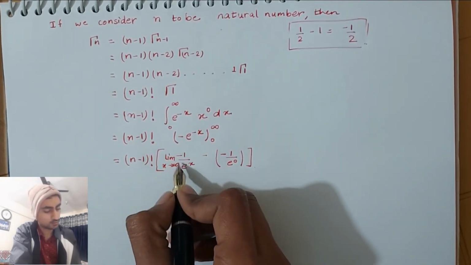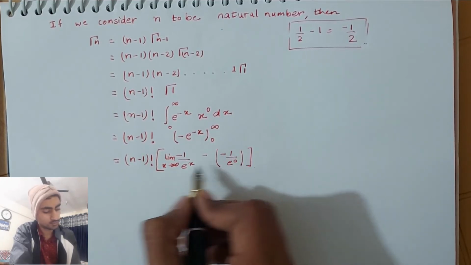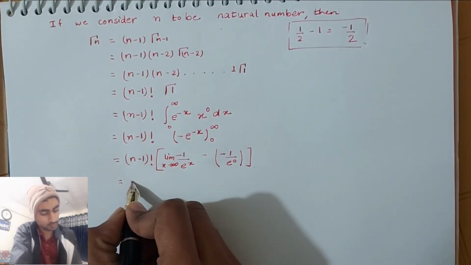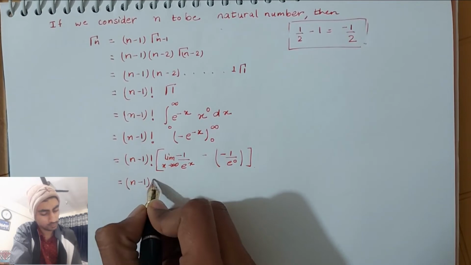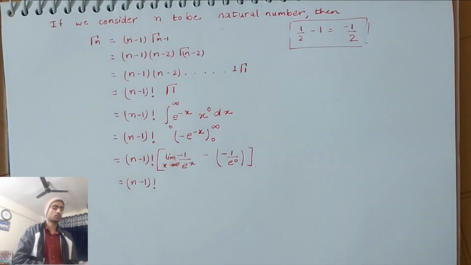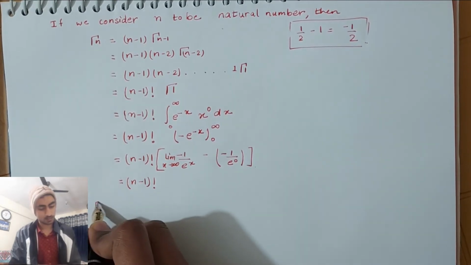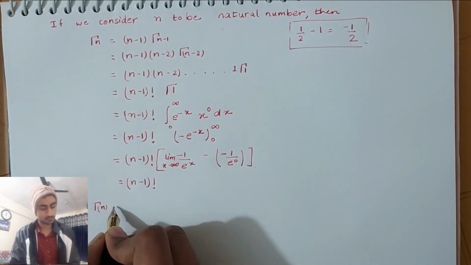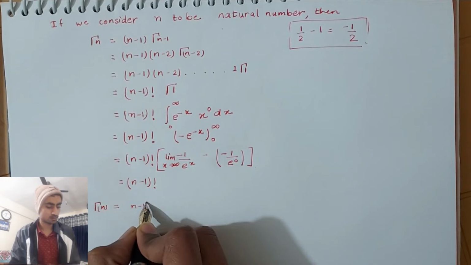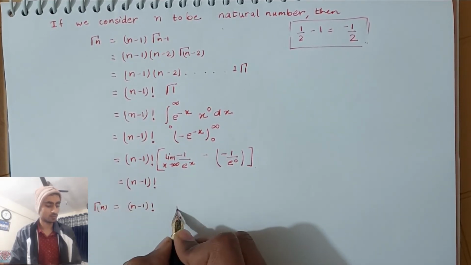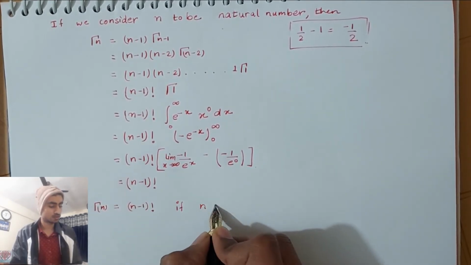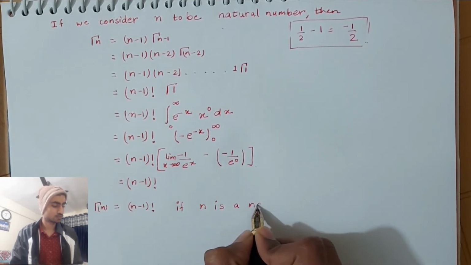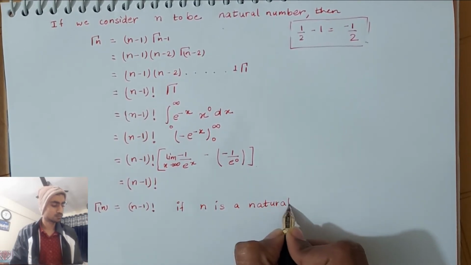This term will give us 0 and this term will give us 1, so it is equal to n minus 1 factorial. So the third important result that you must remember is gamma of n is equal to n minus 1 factorial if n is a natural number.